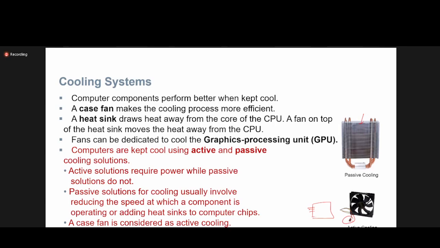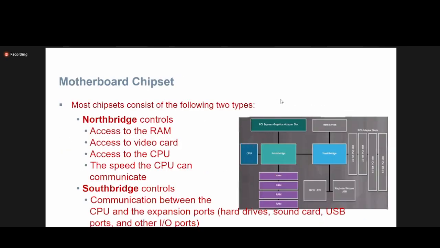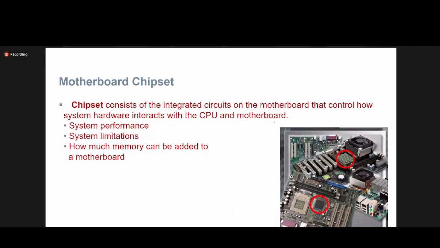Passive solutions for cooling usually involve reducing the speed at which the component is operating, or adding a heat sink to the computer chip. If I go back a bit, this one, right? This is the fan, and underneath this fan is the heat sink. A heat sink is nothing but a metallic piece with a bigger area.